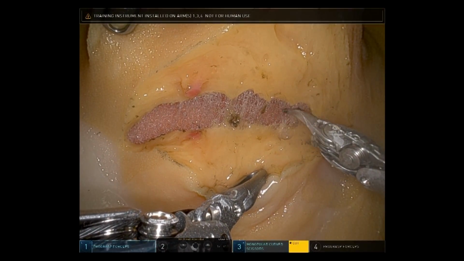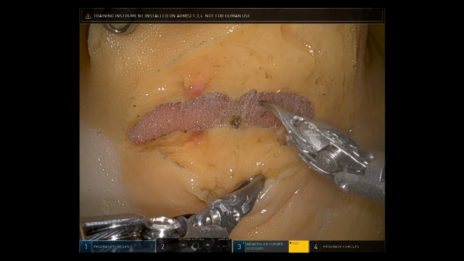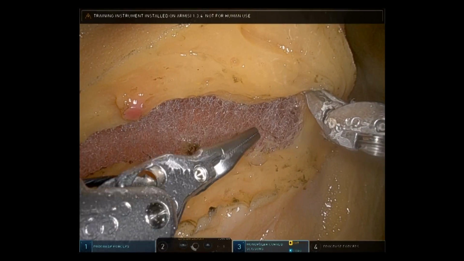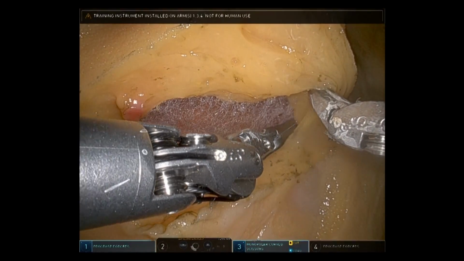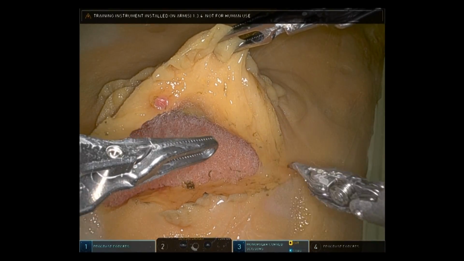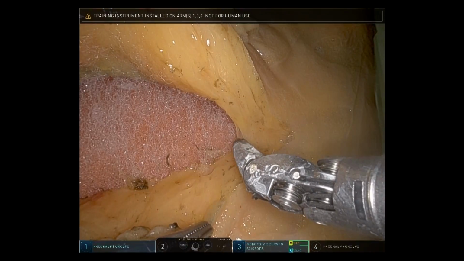Mobilization is continued along the dorsal aspect of the mesentery. The fourth arm may be repositioned as needed to maintain optimal visualization.